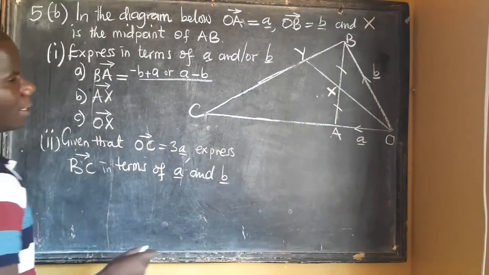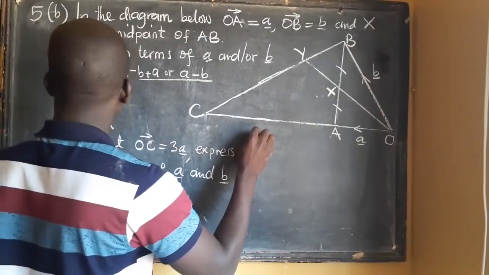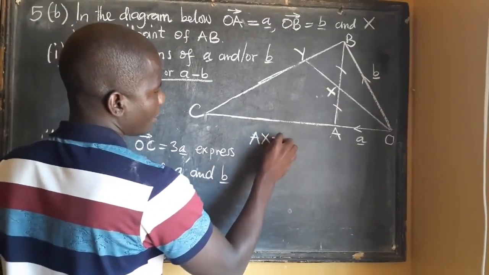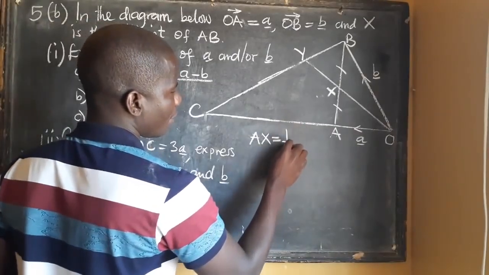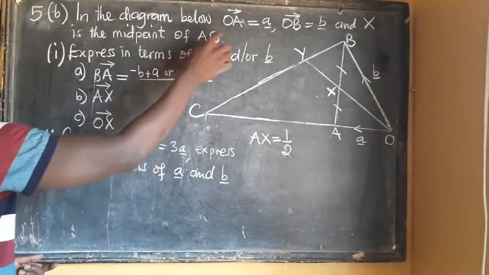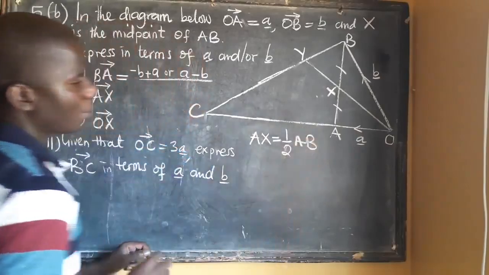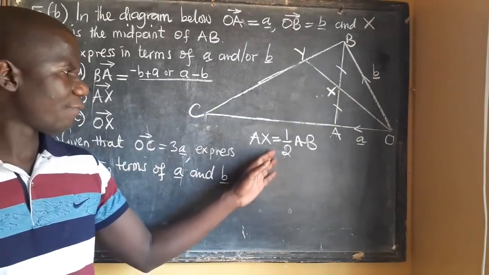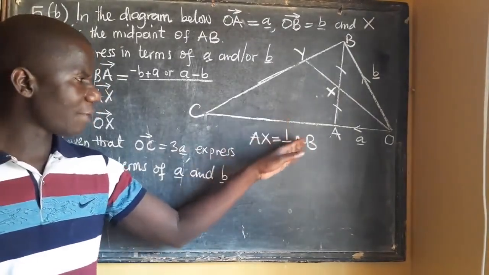AX is supposed to be half of what? Half of AB. AX is supposed to be half of AB.